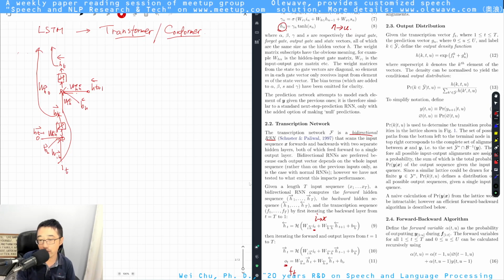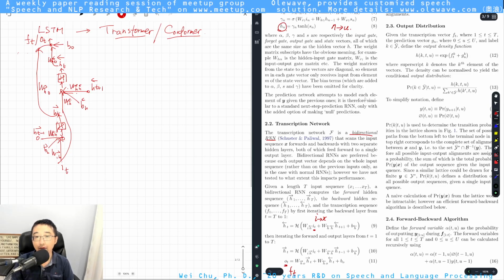I hope you understand the difference between O and F. This is WHO backward. Then you sum them together, plus a bias BO. This is a linear, not a nonlinear operation. This is called OT, or at the final layer f of t.